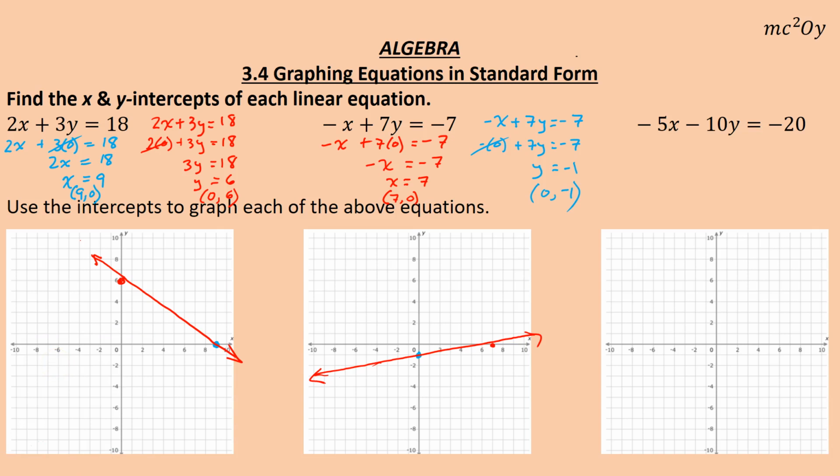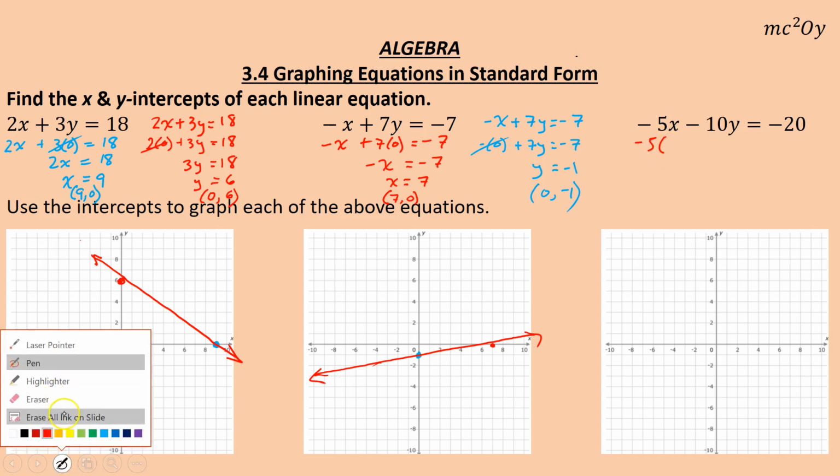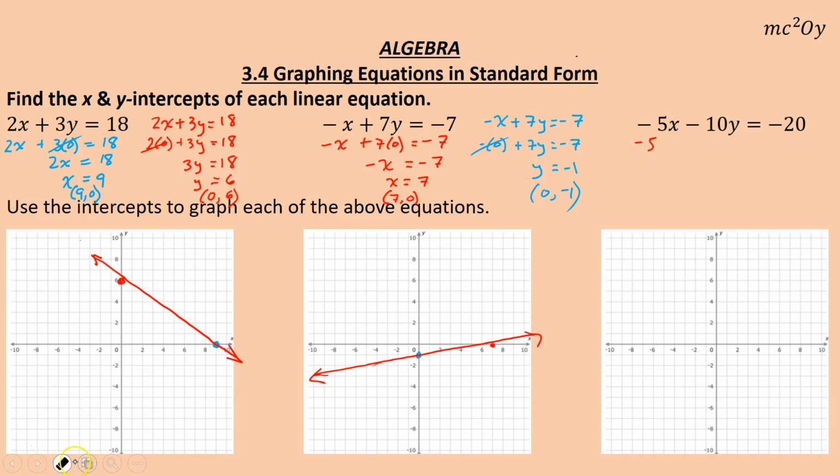Okay, this last one, let's substitute in 0 for y first. So we end up with negative 5x equals negative 20, or x equals 4. So your ordered pair is (4, 0). And since I'm a little shorter on room, let's switch it up.